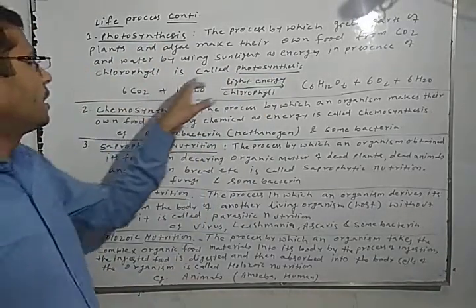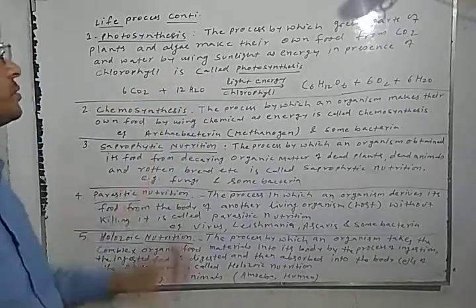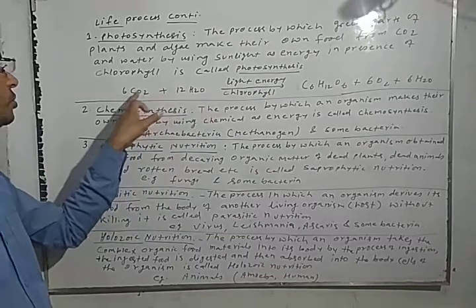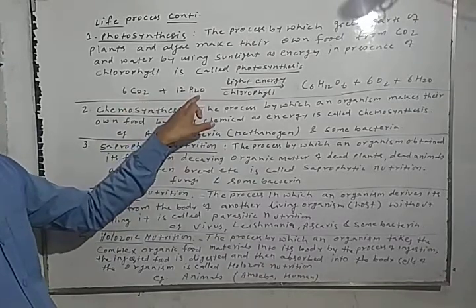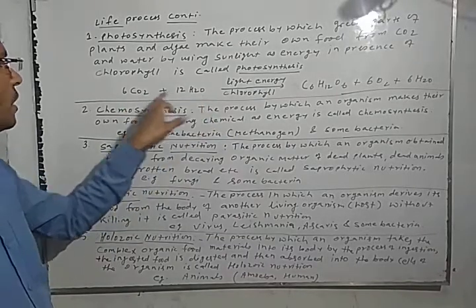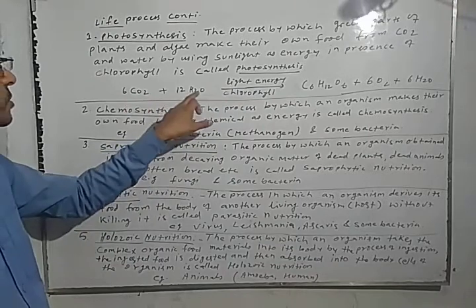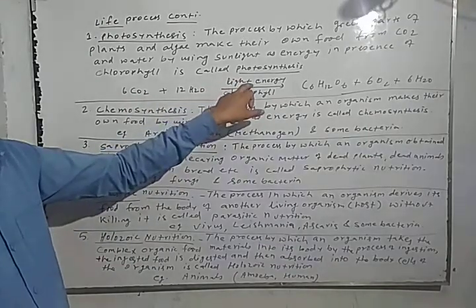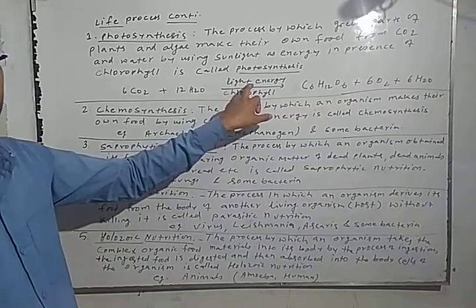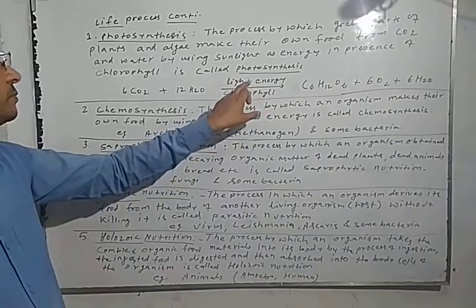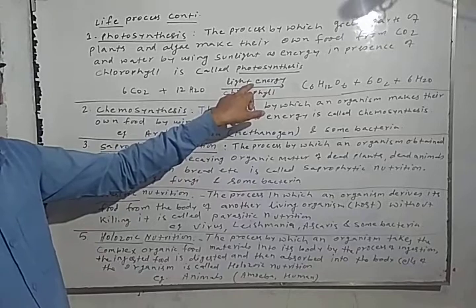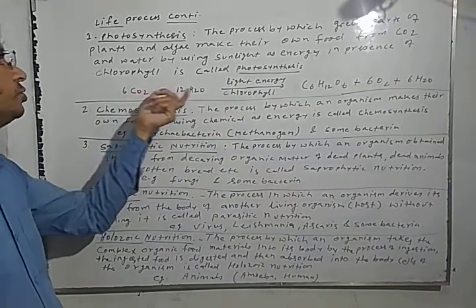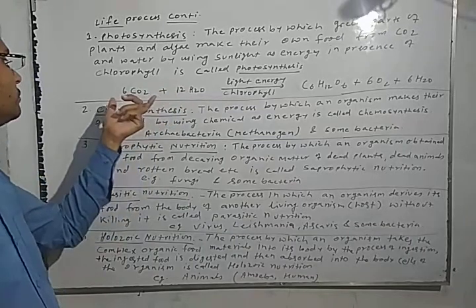Now what happens in photosynthesis? CO2 and H2O, these both are inorganic substances, and these inorganic substances combine with the help of light energy. That light energy provides energy for the combination of CO2 and H2O.